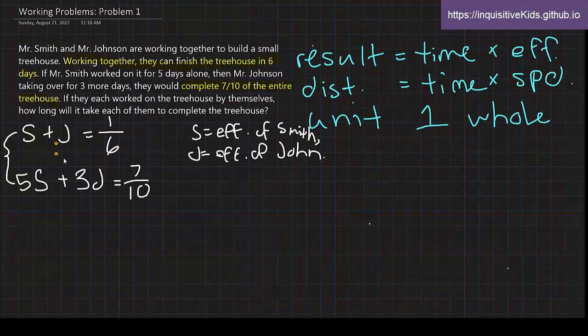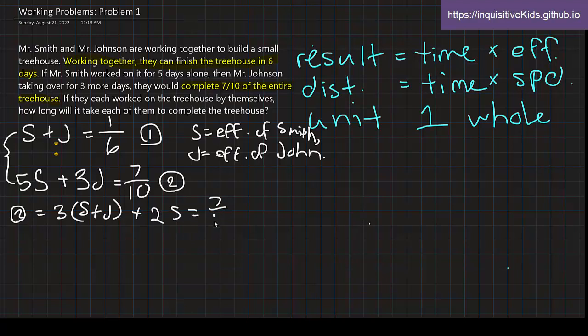And we can do that by solving the system of equations right here. So how I like to do it is to substitute equation 1 into equation 2. So if 5s plus 3j is equal to 7/10, but we know the sum, we could turn equation 2 into 3 times s plus j plus 2s is equal to 7/10, right?